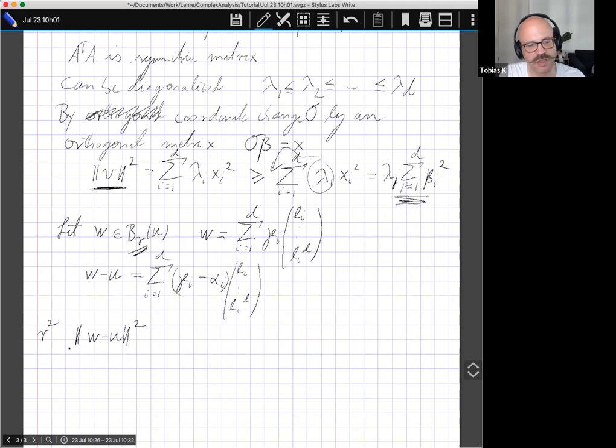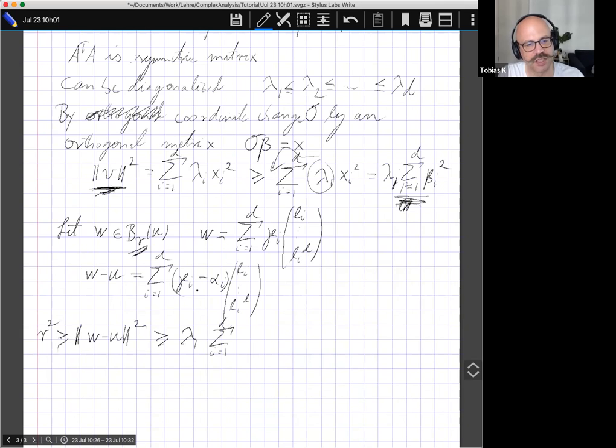Because of our assumption that we're in the ball, we have this inequality. But now I can use the inequality which I have here above, so I can write that as lambda 1 times the sum. And what are the betas?